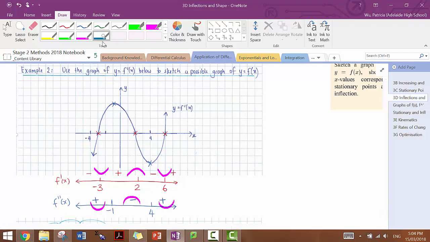Now I'm going to try to map this back. So according to this, my original f of x should be going down in a convex nature. Okay, so it will be going down, and then it will reach a local minimum at x equals -3, like that.